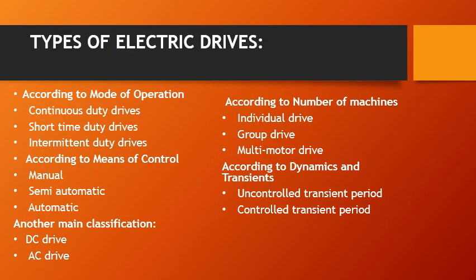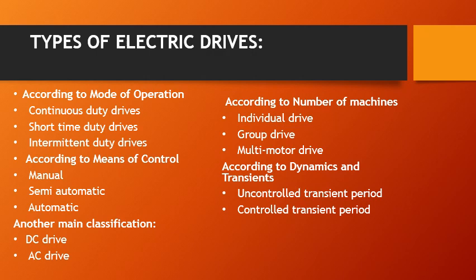And these are some of the types of electrical drives. According to the mode of operation, they are classified as continuous duty drives, short time duty drives, and intermittent duty drives. From the means of control, they can be controlled as manual, semi-automatic, and automatic.